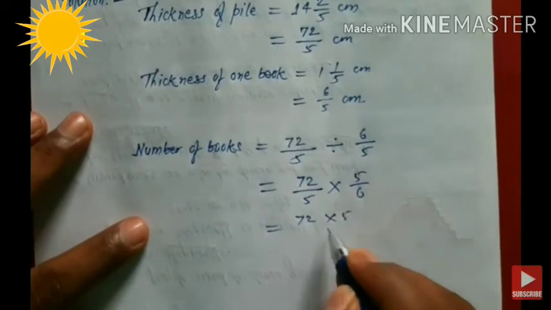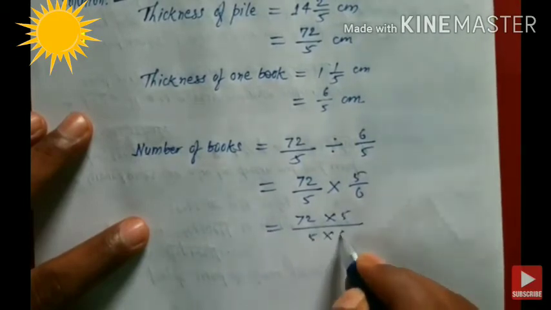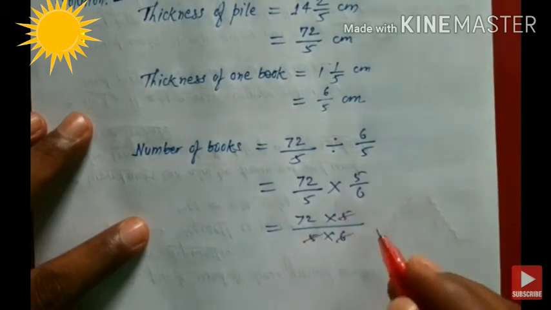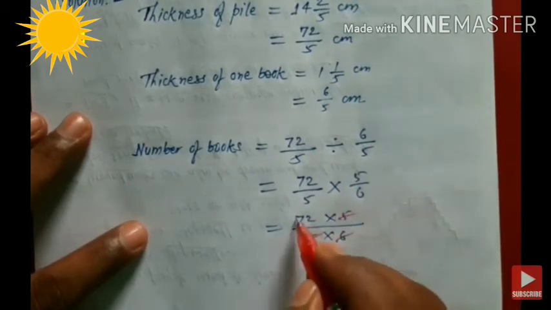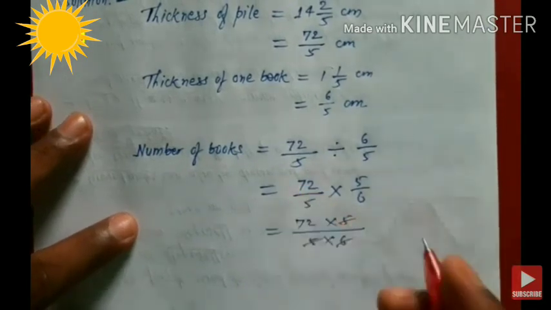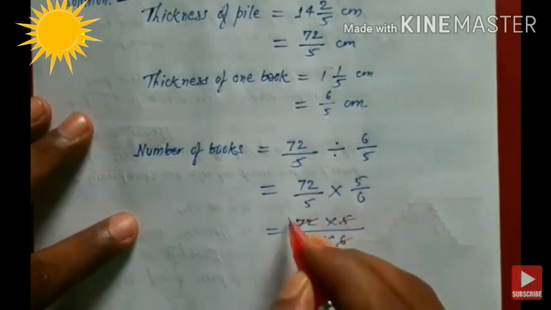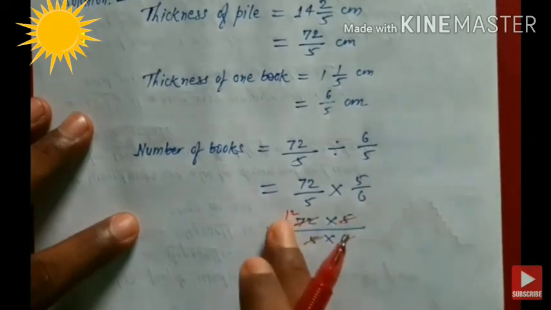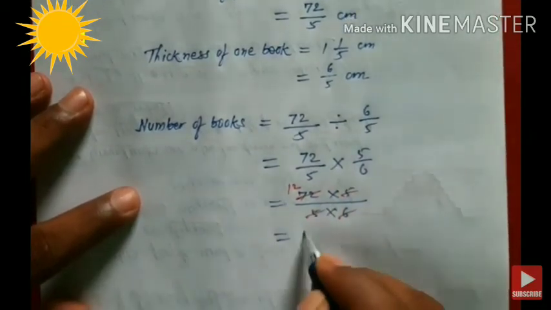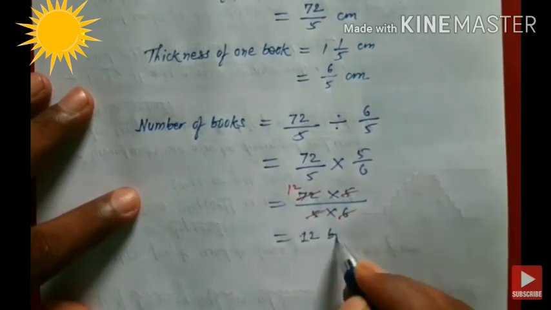Now write down 72 multiply 5 upon 5 into 6. Now we will cut 5 and 5. Now we will cut 72 by 6, and we will read the table of 6. So 6 12s are 72. So 12 is left here. So it means the number of books is 12.